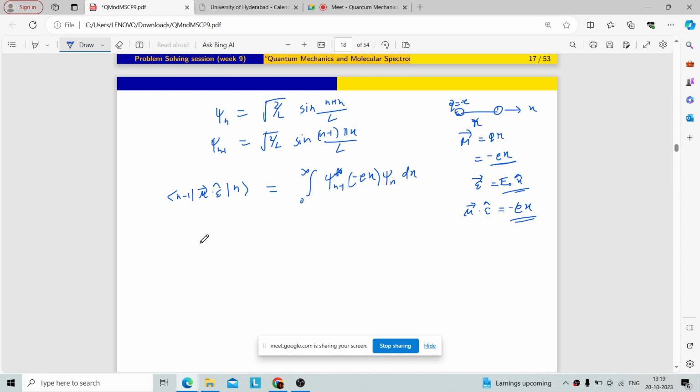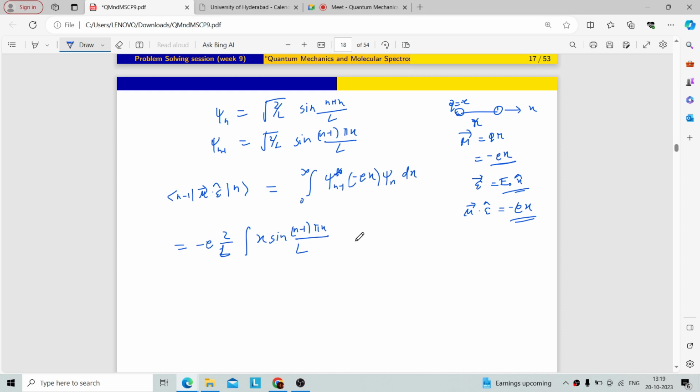So you substitute this wave function, then you will get minus e times 2 over L. These are constants, I took them outside. What will remain? x times sin (n minus 1) pi x over L times sin n pi x over L dx.